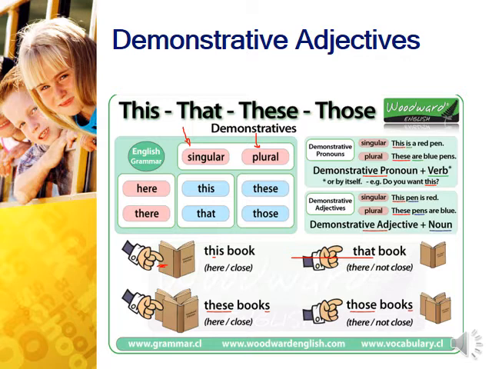Here the books are close to the hand that is pointing at them, so we use these. And if they are away from the place where we are pointing, we use those, which is for plural and for far objects.